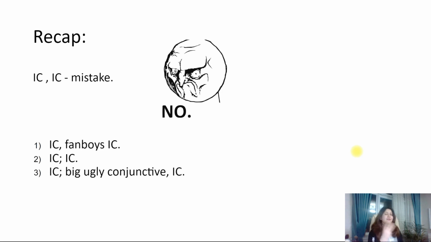The 3 ways to connect two independent clauses or two normal sentences are: independent clause, comma, fanboys, independent clause. Independent clause, semicolon, independent clause. Independent clause, semicolon, big ugly conjunctive adverb, comma, independent clause.